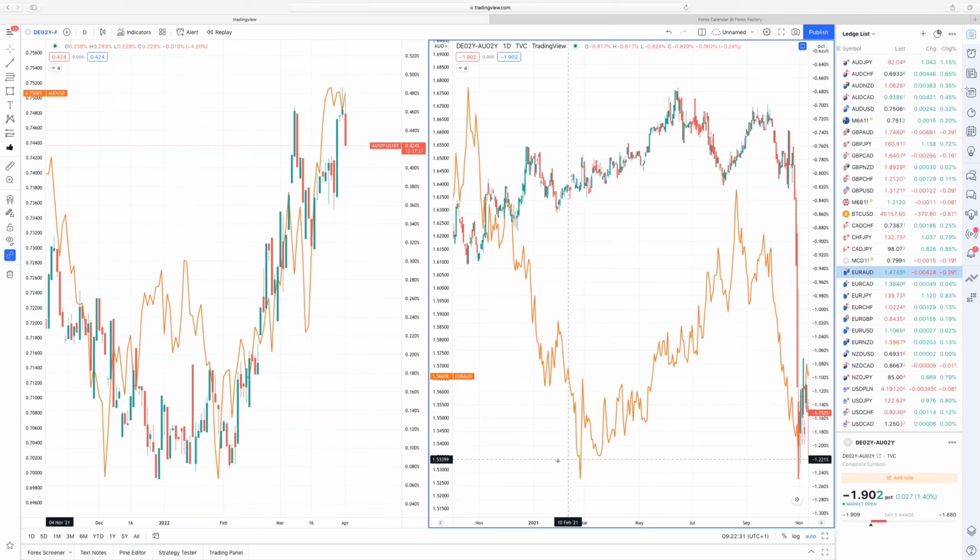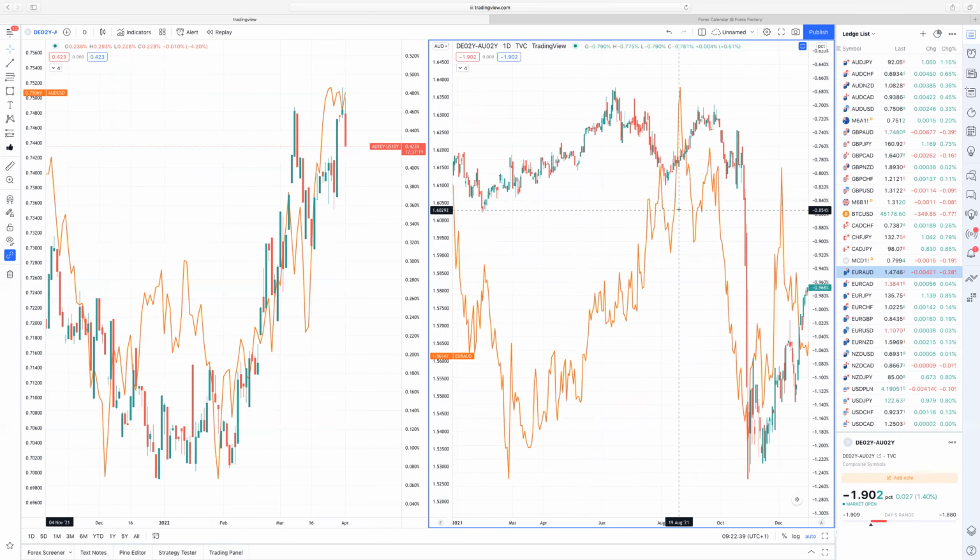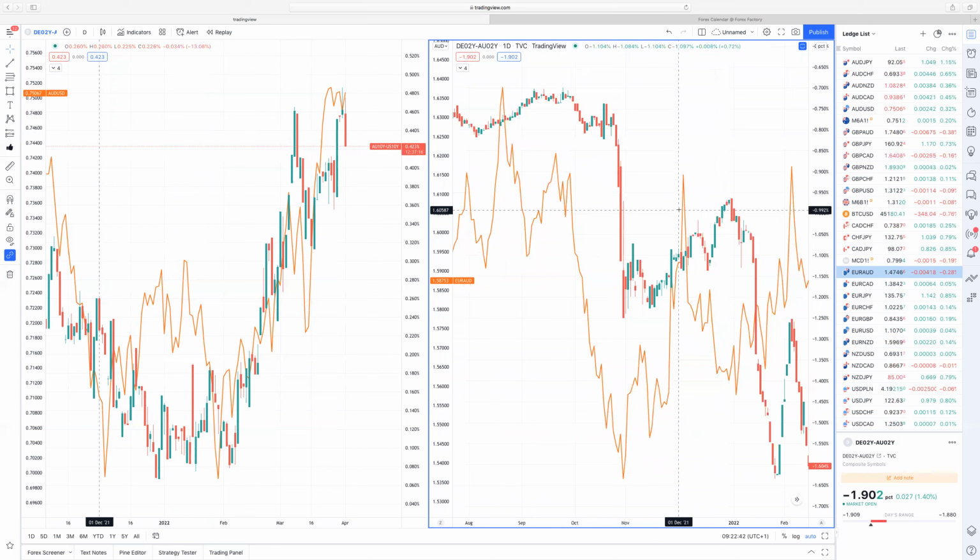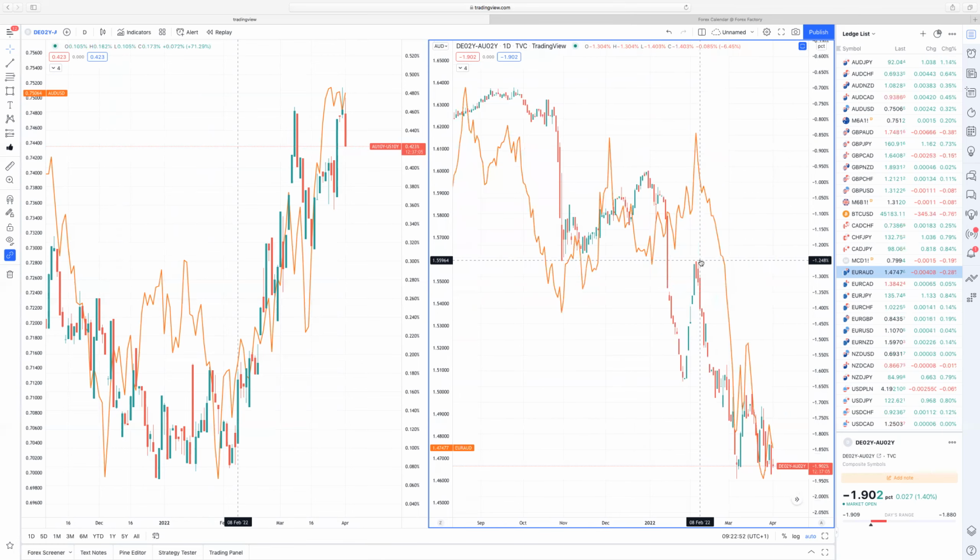From the bottom of 153, it traded all the way to about 163 again, so about 1,000 pips. So yield spreads are always a huge trend setter, right? Sometimes the trend might kick in a bit later, which means there's a greater divergence, which means there's more pips to catch. It's just that timing these things can sometimes get annoying.